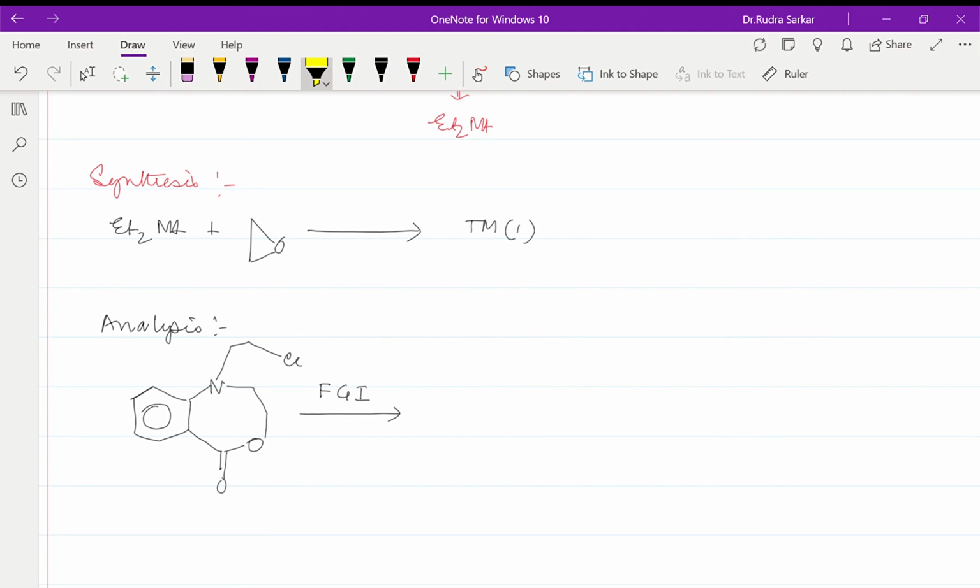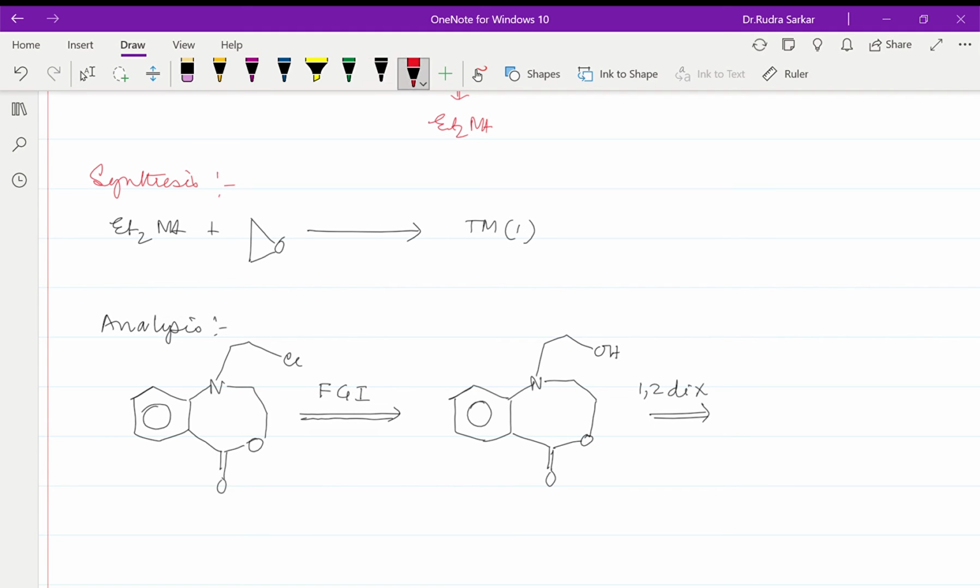If we do FGI, we can say that we can convert this chloride into an alcohol. Then what do we get? We get 1,2 alpha hydroxyamine.